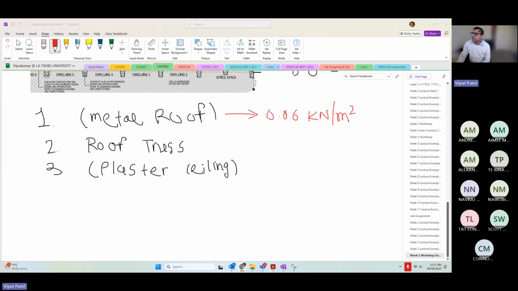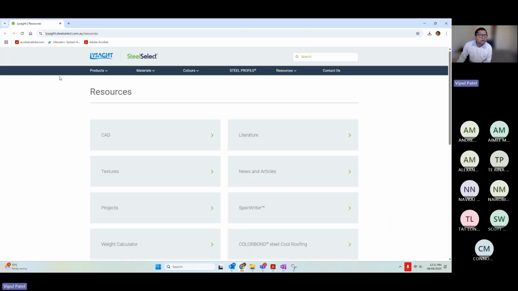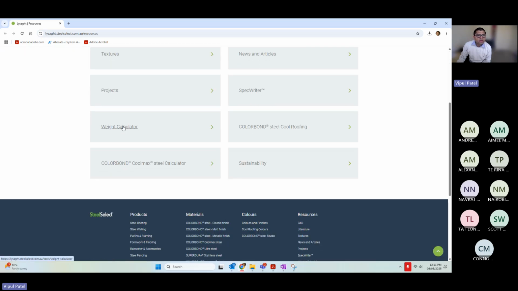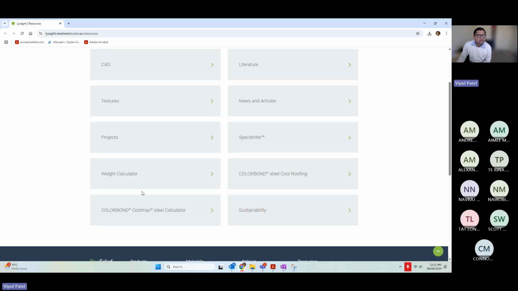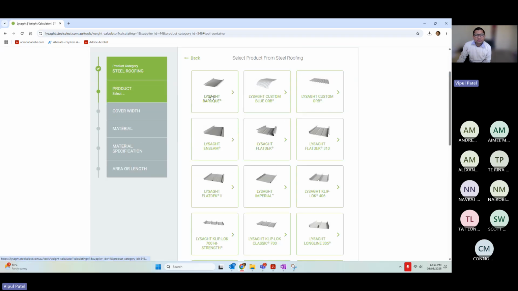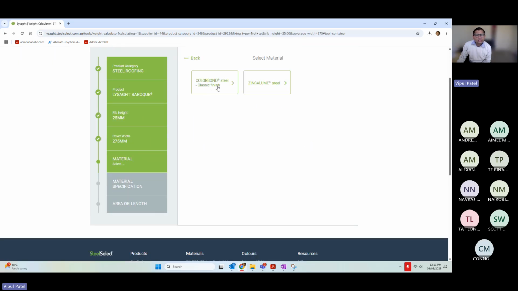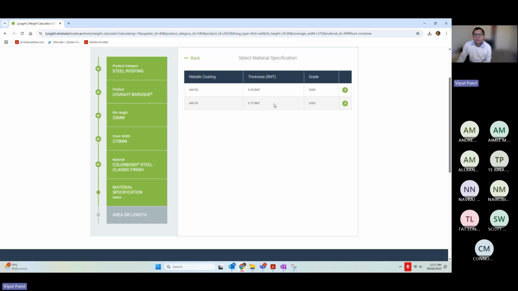That's the area. Now, this is the link, these are your supplier. If you go into the weight calculators and project, I think they have some kind of weighting as well. So if you use one of these products, I think they would have thickness and all.